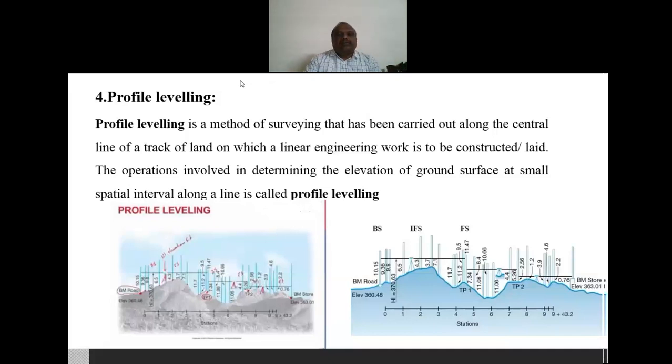Here, the profile of the ground is to be known by conducting profile leveling. This helps to calculate whether cutting or filling is required on the surface of the earth.